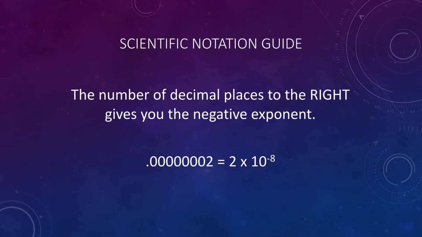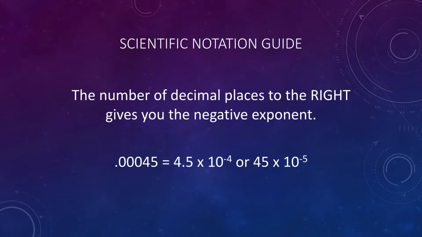Examples: 0.00000002 equals 2 times 10 to the minus eighth. The 2 is 8 decimal places to the right. 0.00045 equals 4.5 times 10 to the minus fourth, or 45 times 10 to the minus fifth.